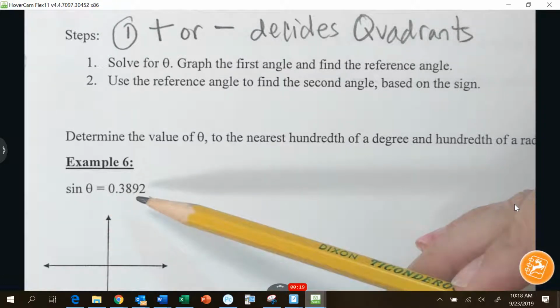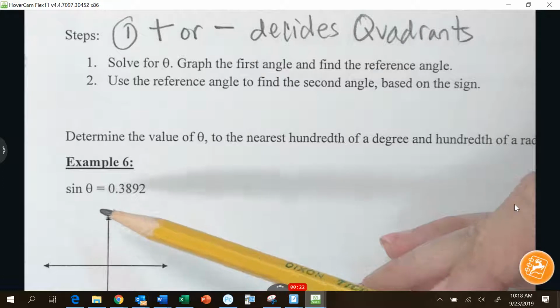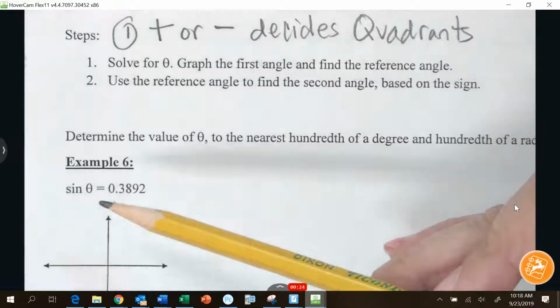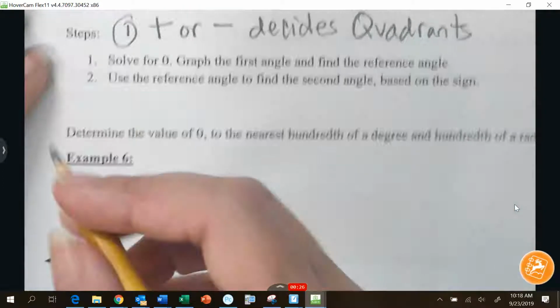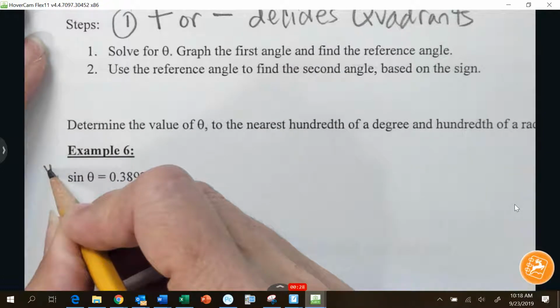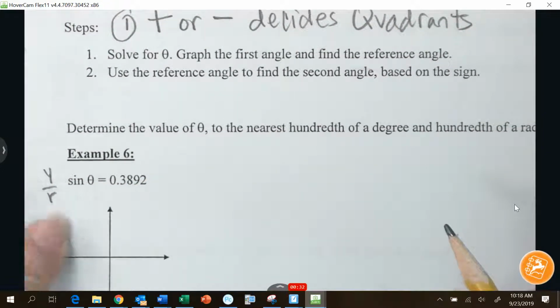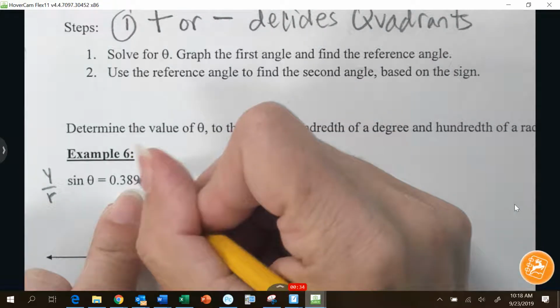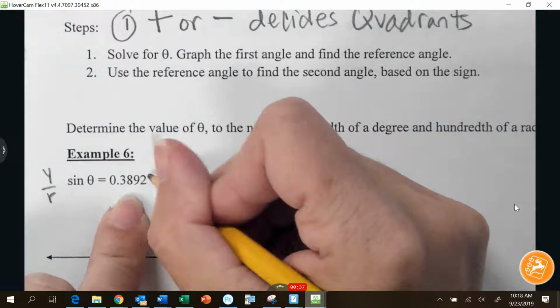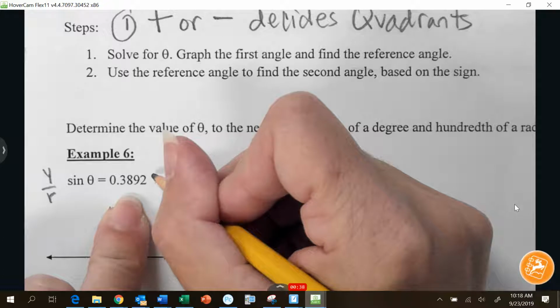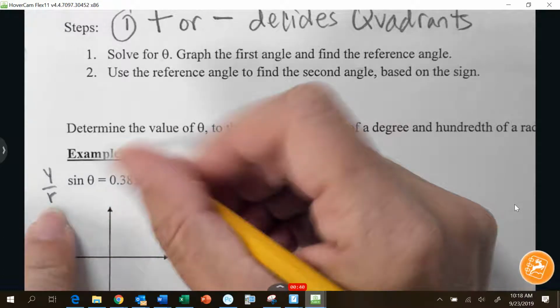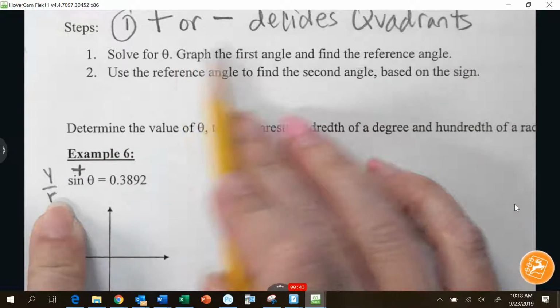Okay? So we say sine is y over r, and r is always positive. Sine is y over r. When I do y over r, is this a positive or a negative number? So we are looking at where is sine positive. That's what I'm talking about, positive or minus.